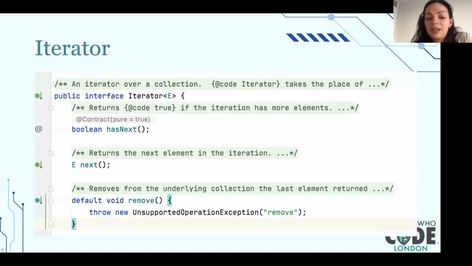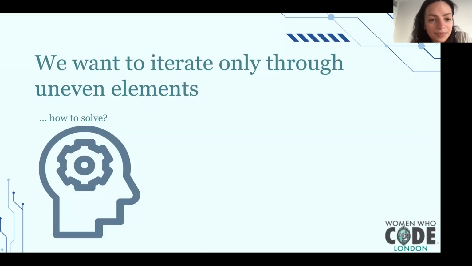It's basically used to iterate through a collection, and this iterator has a hasNext method. It allows you to know if you have something next in the collection. And then if you are aware that there's something next, you can get this next element and remove this element.